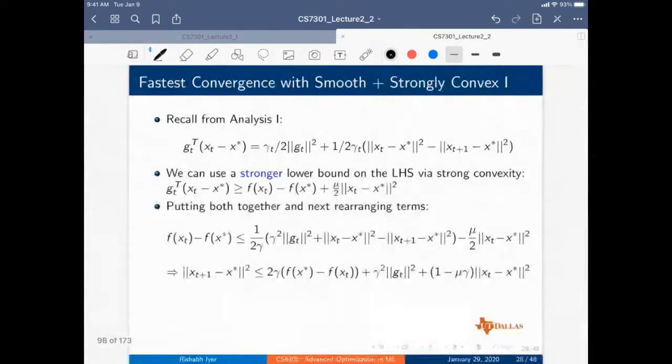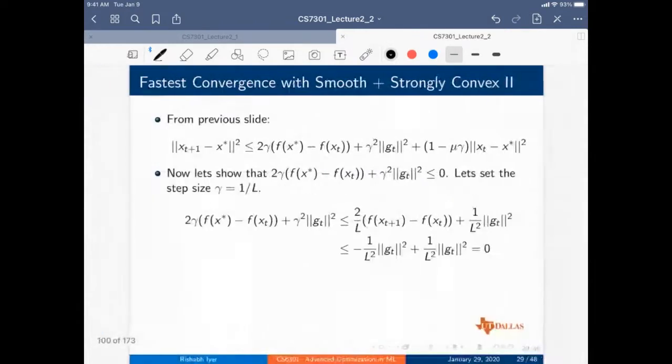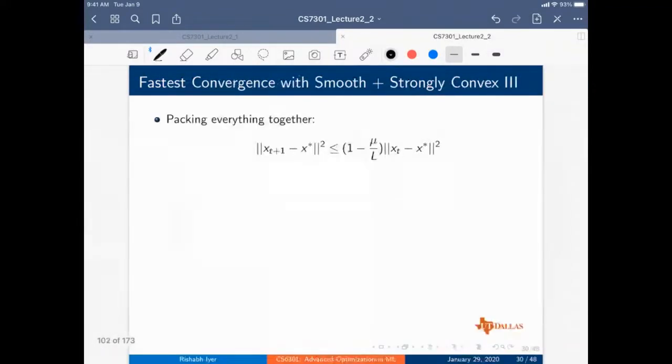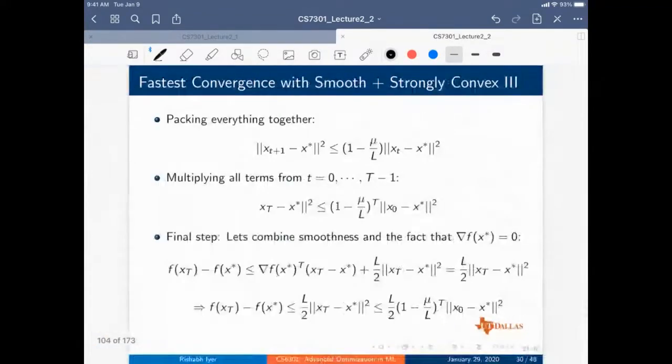So again, I'm skipping over the analysis, but we use the previous results, and over here we use gamma equal to 1 over L, and then we actually get an even stronger convergence result. Combining with the smoothness, finally we get a result like this: f of xt minus f of x star is less than equal to L over 2 multiplied by 1 minus mu over L raised to t, multiplied by this term.